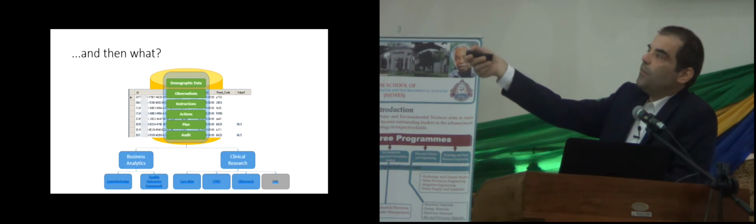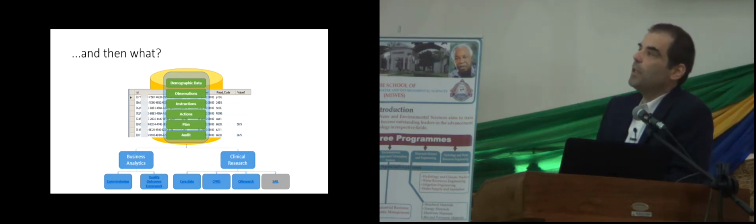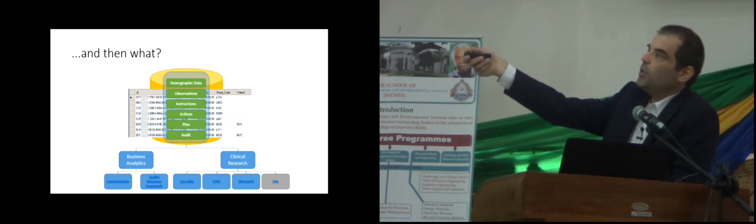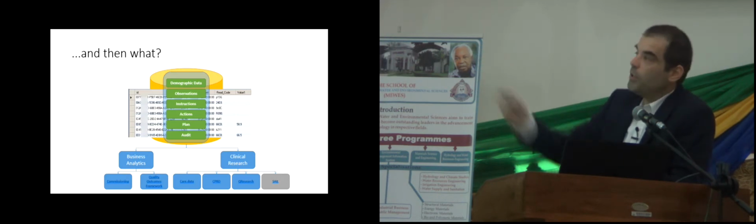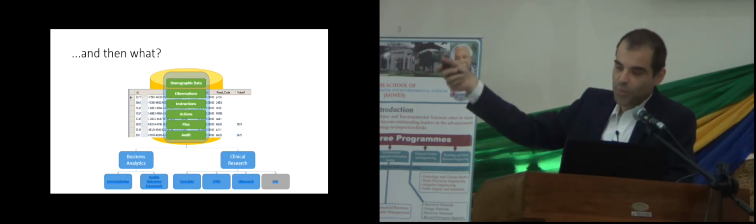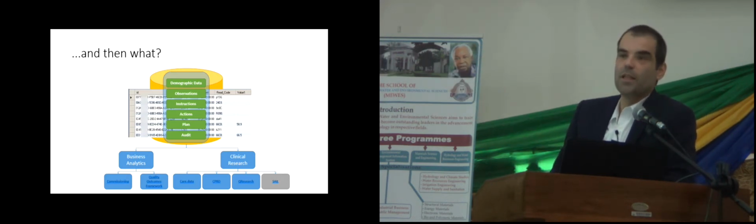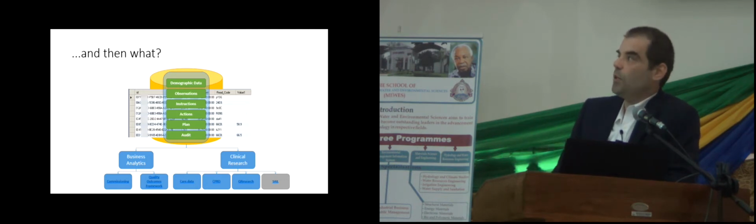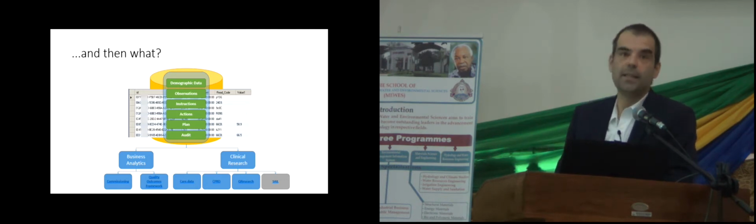And on the other side of this, we've got clinical research. And I've got a few things there, including the Secure Anonymized Information Linkage Project, which has been going on at Swansea University for more than 10 years now.